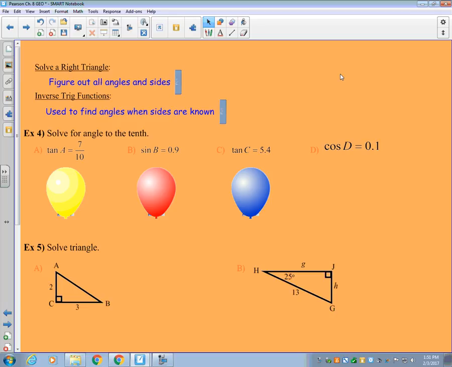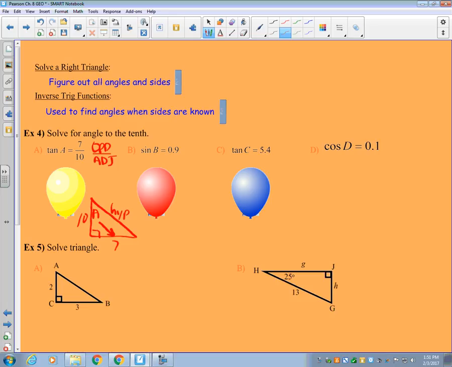So if I have tangent of angle A equals 7/10, that looks like a little triangle, the little right angle. This angle here is A, and because I know tangent is opposite over adjacent, the opposite side of angle A is 7, and the adjacent side of angle A is 10, and our hypotenuse is right here.